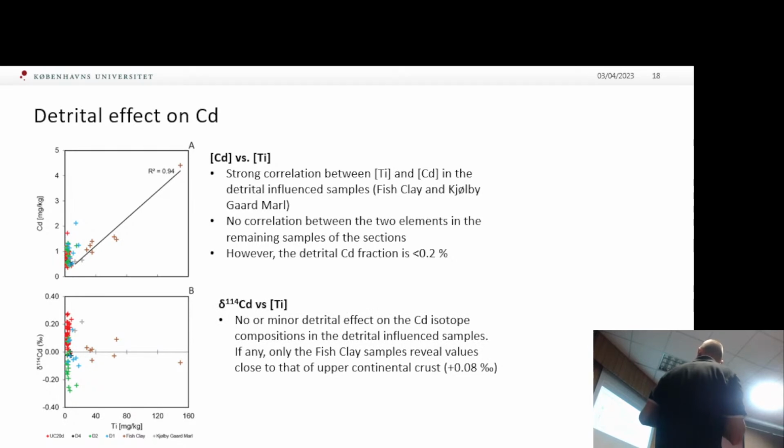And if we look at the cadmium isotopes, we have no or minor detrital effect on the cadmium isotopes. And if we only look at the brown samples, we can see that there is a high abundance of titanium, and they are all around 0 in fractionation, which corresponds to the continental crust, which is about plus 0.08.